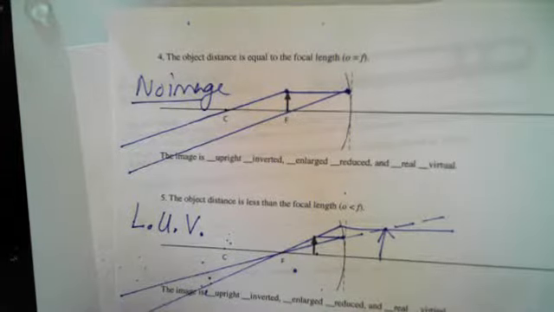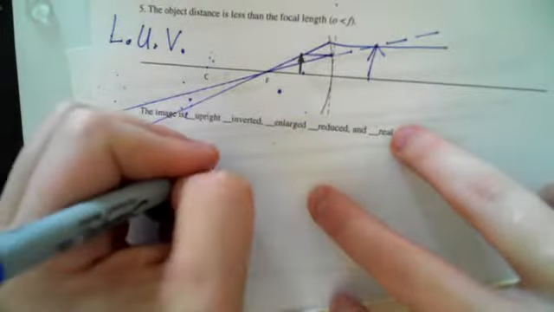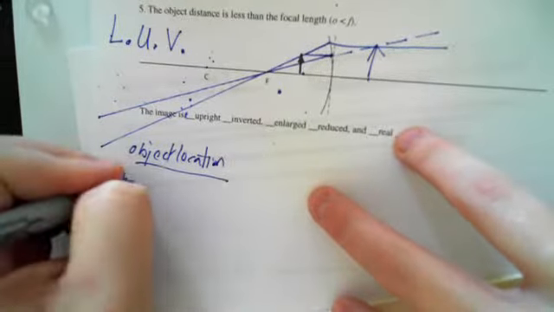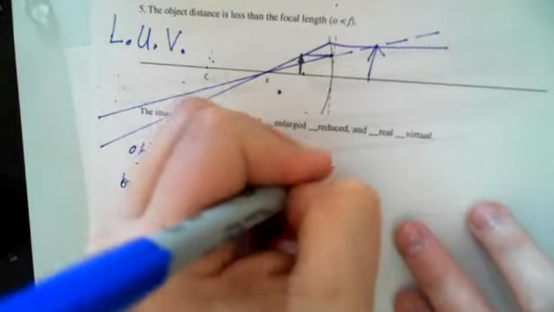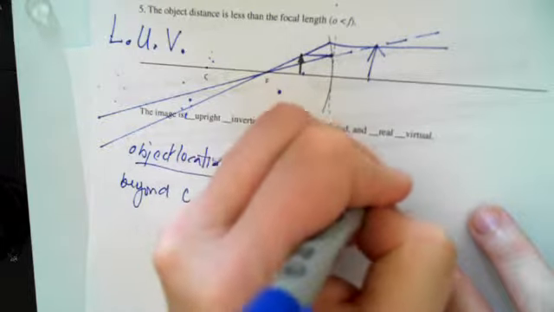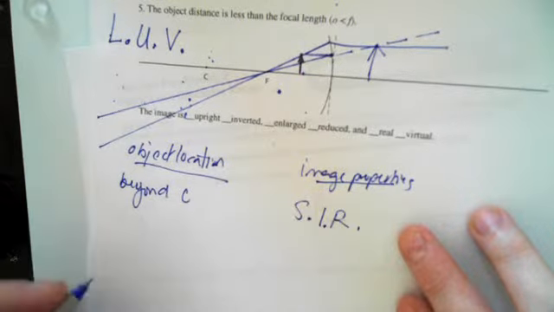So for object location: every time our object is beyond the center of curvature, the image properties will be Sir, smaller, inverted, and real.